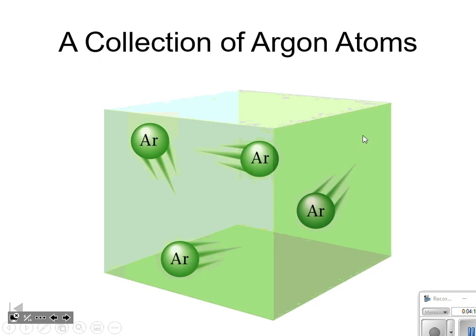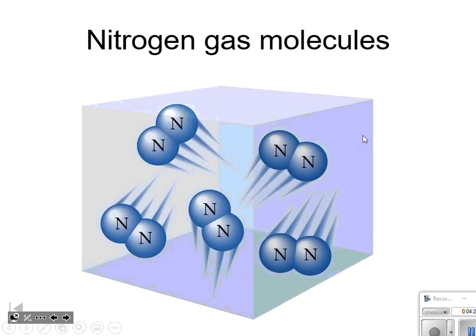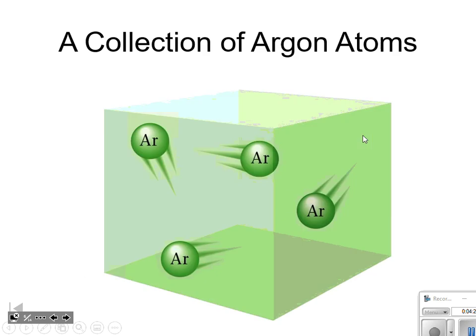Now, as a comparison, here are just a collection of argon atoms. Those are just 1, so they're bouncing around as atoms. Do you know the difference between atoms and molecules? Hopefully, yes. If I see an atom, it is a single element.